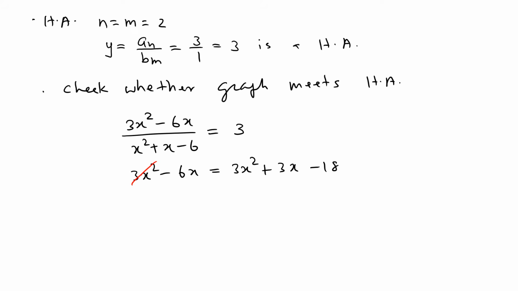You can see these get cancelled out, so you get -9x equals -18. In other words, x equals 2. Now x equals 2 is not in the domain, so that means that is the point where the graph meets the horizontal asymptote.